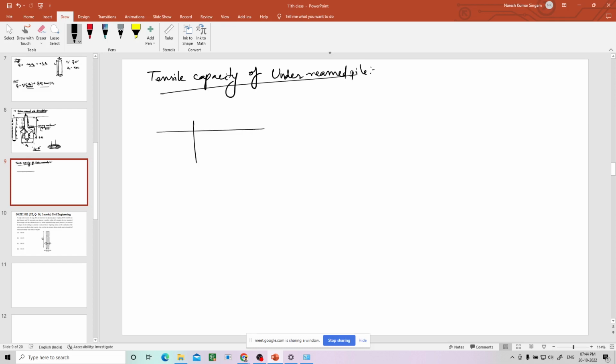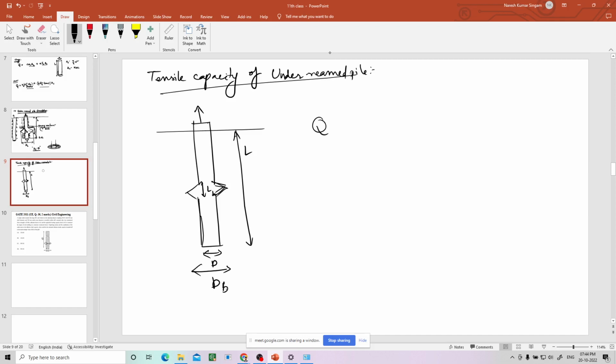So I'll draw. Upward load. This is L, and this is LB, and this is D, and this is DB. What is the uplift capacity? Uplift capacity will come only from the frictional resistance, not from the bearing in normal pile foundations.